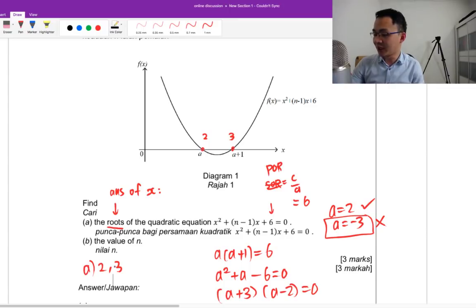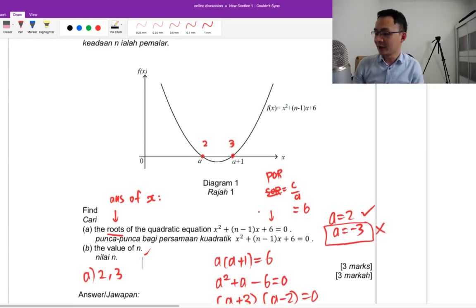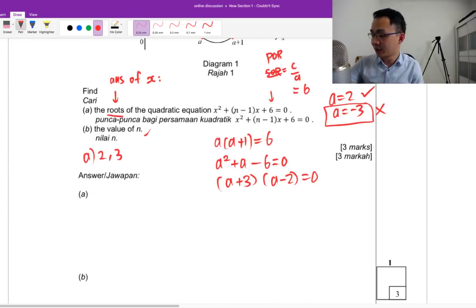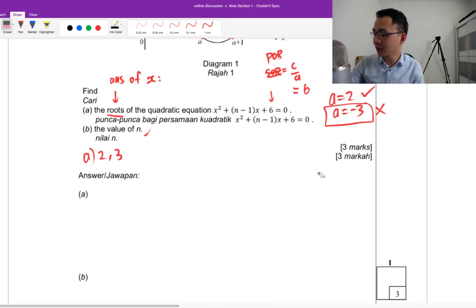Right, and then the question asks me to find n. To find n, it is quite simple. In order to get the middle term, we take the sum of roots. The sum of roots is negative b over a, isn't it? So negative, my b is n minus 1, over a is 1.